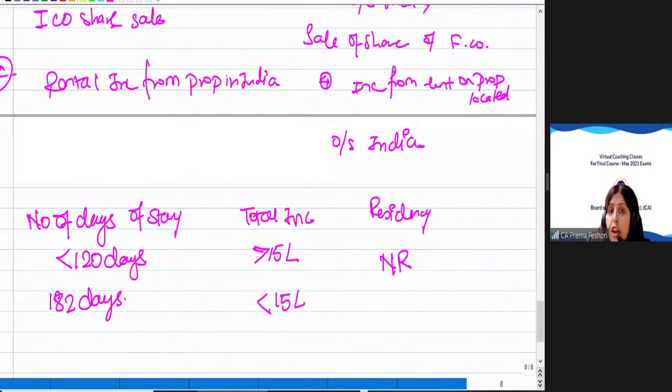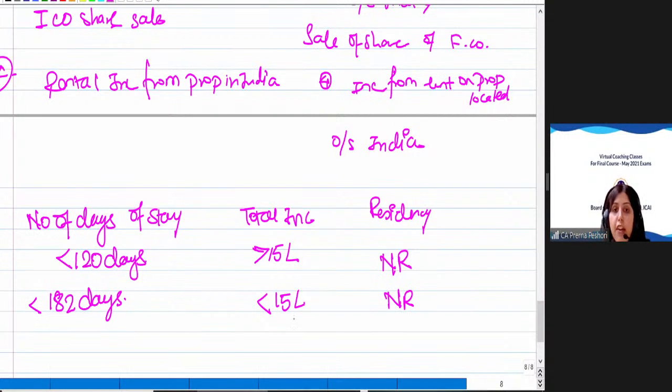And if your income is less than 15 lakh, then you have the 182-day condition, right? Then you are falling under exception 1. Clear? And in that case, if your stay is less than 182 days, you would be considered as non-resident.